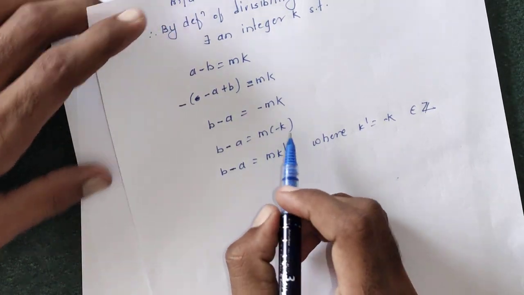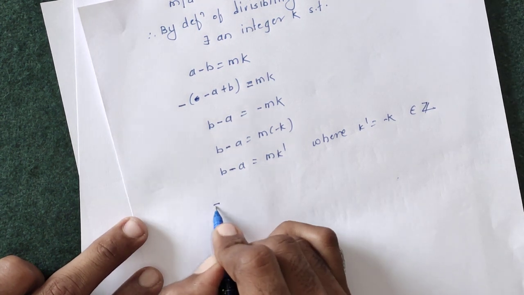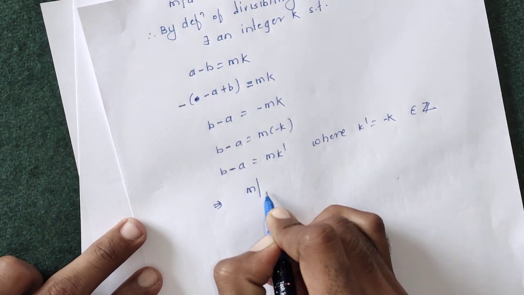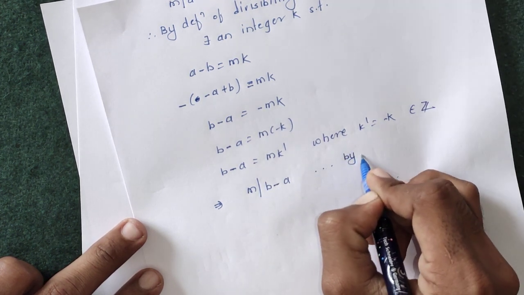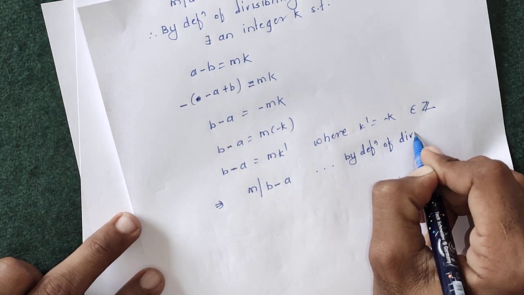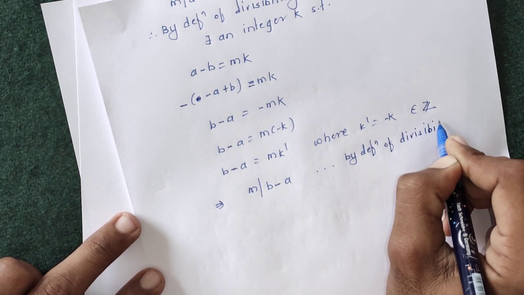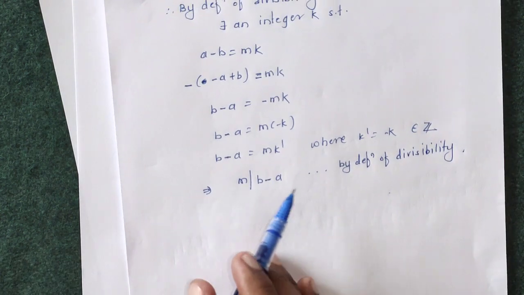Therefore, again by using the definition of divisibility, we can say that m divides B minus A. Now we are going to use the definition of congruence here.